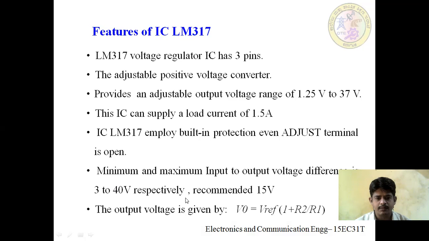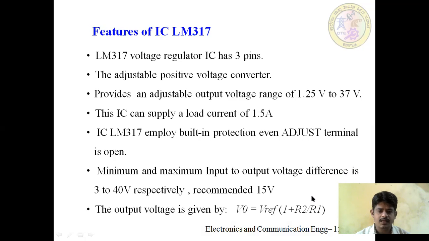The minimum and maximum input to output voltage difference is 3 to 40 volts respectively. Recommended is 15 volts. Means what difference it may have between input and output: from 3 volts to 40 volts. Let's say for 3 volts, the input will be 5 volts and you are expecting 2 volts output, so the difference is 3 volts.